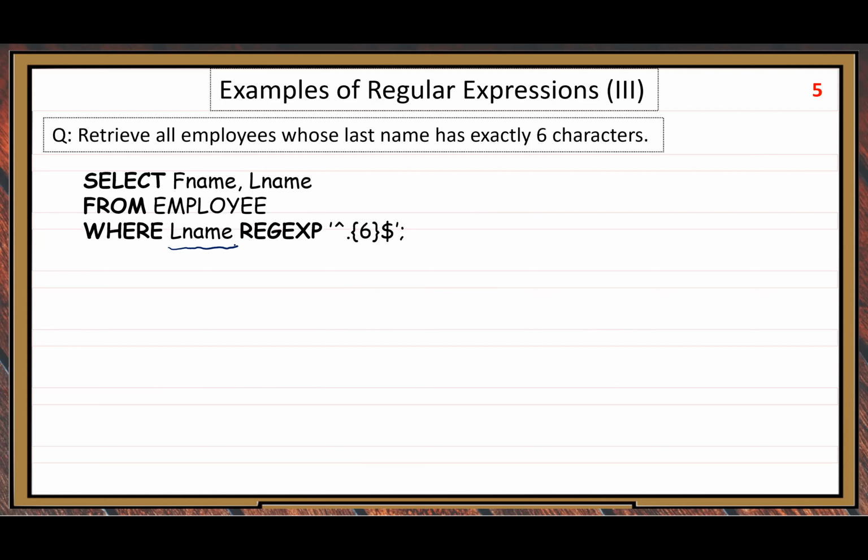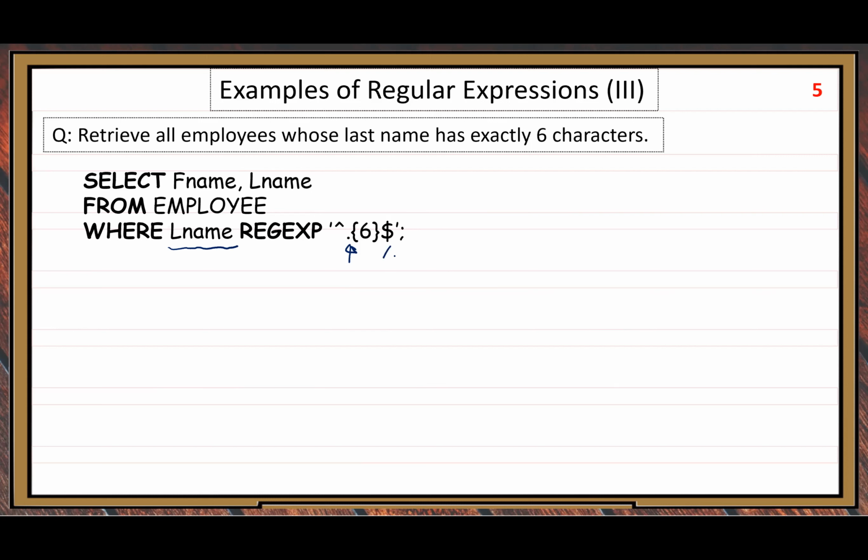We try to describe the whole last name. Start at the beginning. Dot matches any character, right? After the beginning position, then the any-character pattern, that pattern repeated exactly 6 times, with 6 inside curly braces.